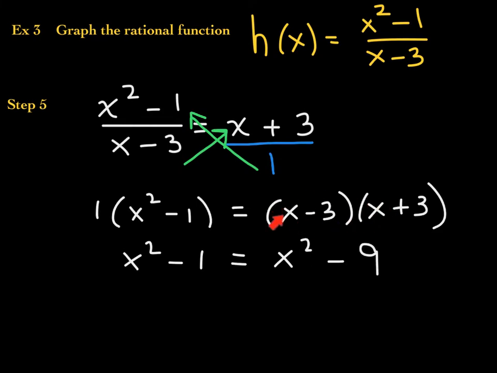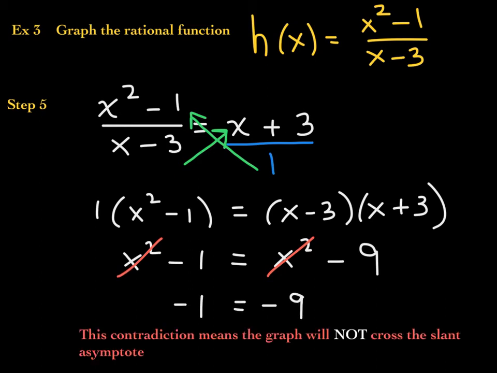After you distribute all of this out, you get x squared minus 9. Notice that x squared and x squared cancel out, leaving you with a contradiction that negative 1 is equal to negative 9. All right, everybody, since it will not cross the slant asymptote, I think we have everything we need now to graph this function. Let's go.